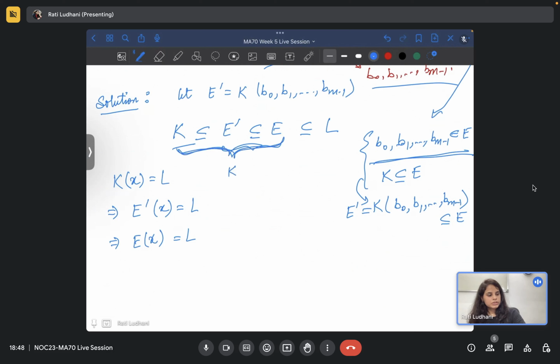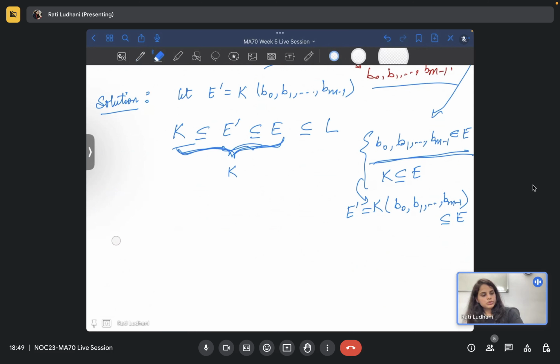So you just take the smallest subfields containing x everywhere, and the containment will be like this.